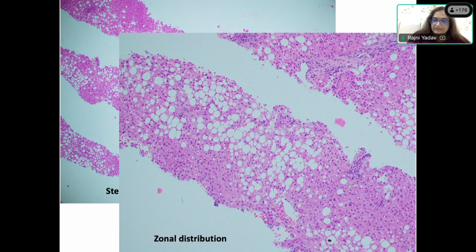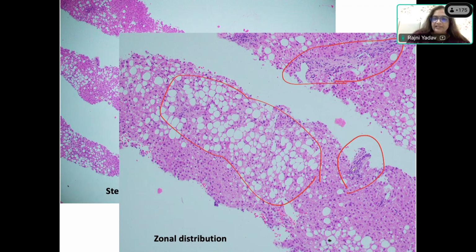See, this is the portal area. Again, this is the portal area. So the steatosis is sparing some portion near the portal areas. That means it is filling up zone 3 and zone 2, and it is reaching zone 1. Then the next thing is to look for the associated features. What else other than the steatosis can we see?